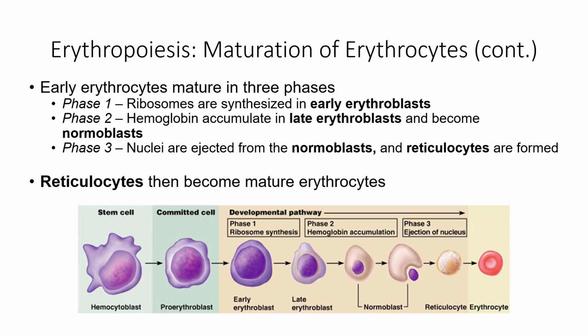And so as the reticulocytes mature, they will become mature erythrocytes. So the erythrocytes start as hemocytoblasts that then become proerythroblasts. The proerythroblasts will become early erythroblasts and start accumulating massive amounts of ribosomes. Those ribosomes will then allow for hemoglobin accumulation.